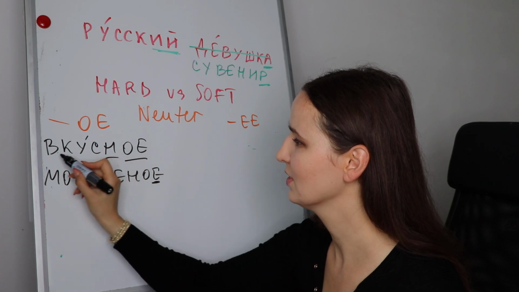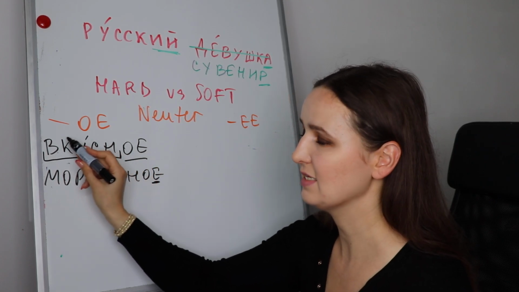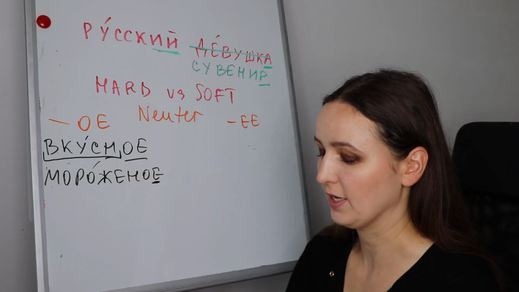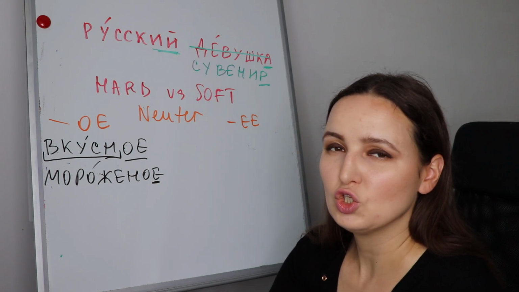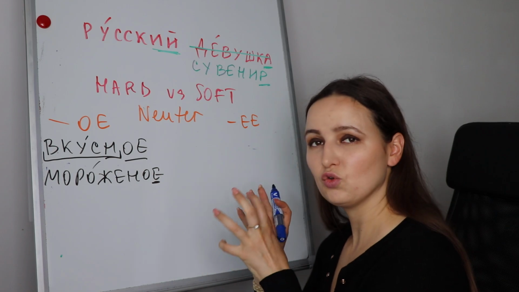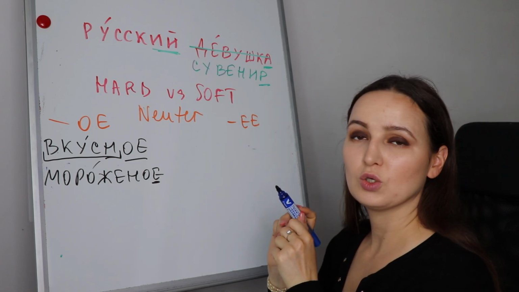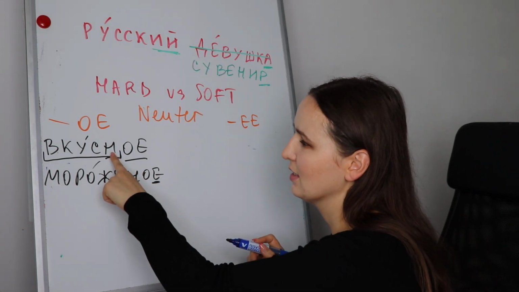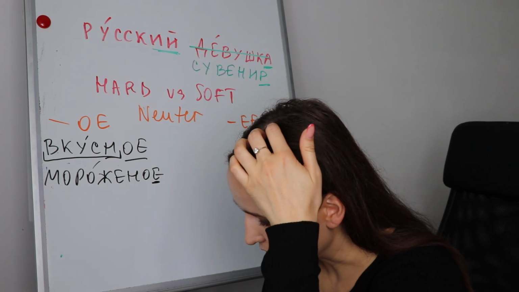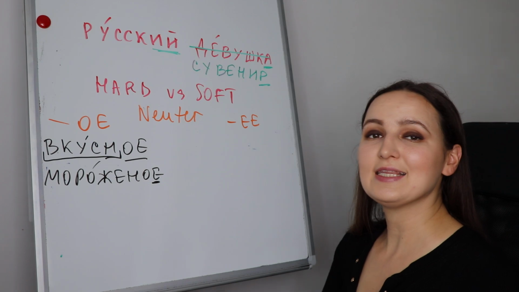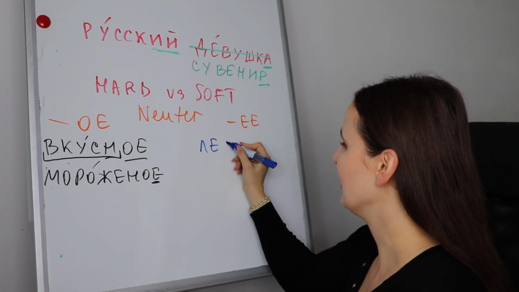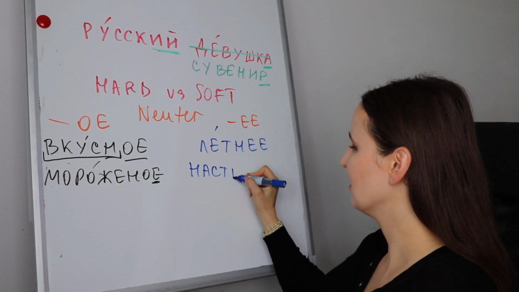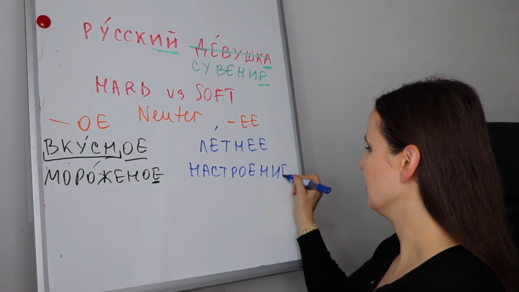And here is hard. The stem is a part of word without the ending. Вкусное мороженое. And let's look at the neuter adjective with neuter noun with a soft stem, with a soft letter N. Летнее настроение.